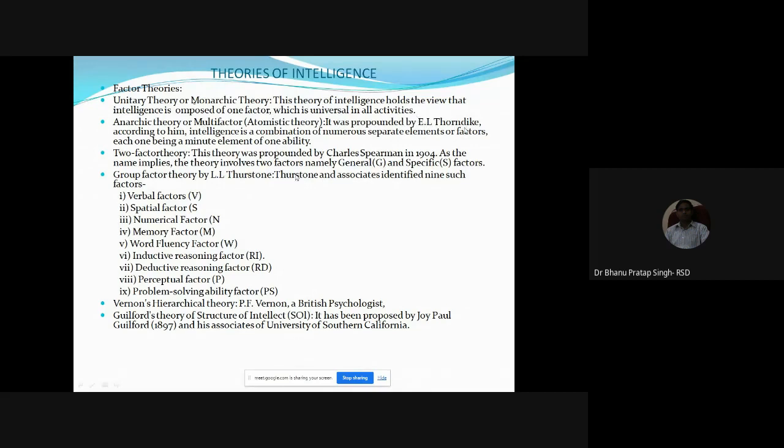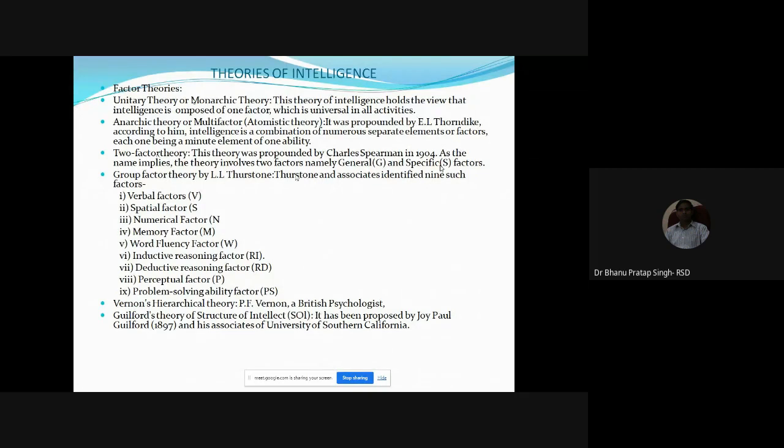And according to him, intelligence is a combination of numerous separate elements or separate factors. Two factors, it is founded by Charles Spearman, and as from the name, two factor means there are two factors, general and specific.